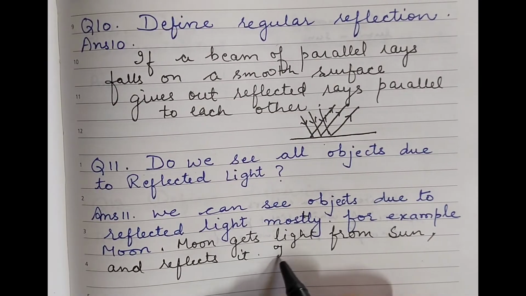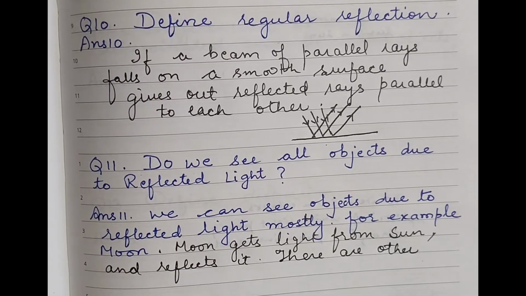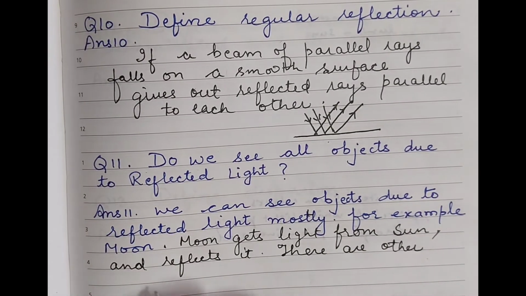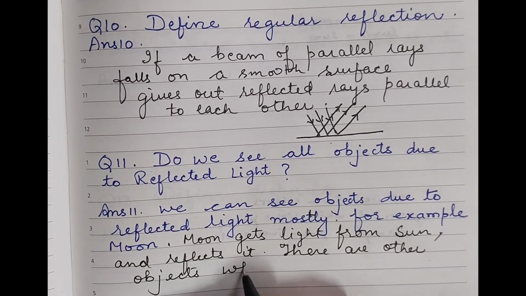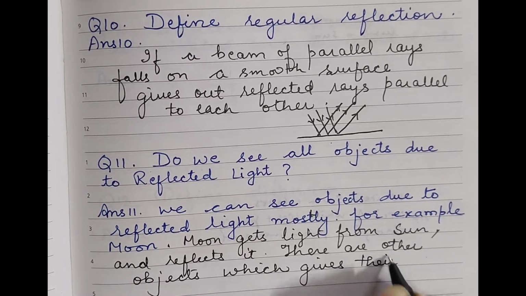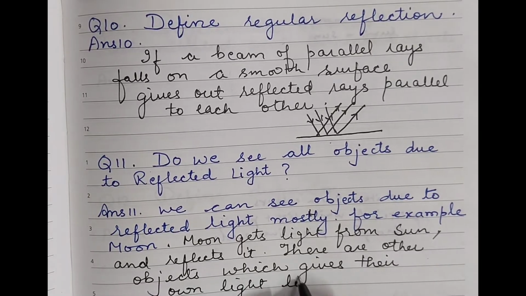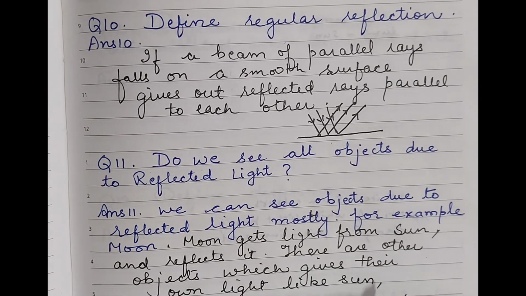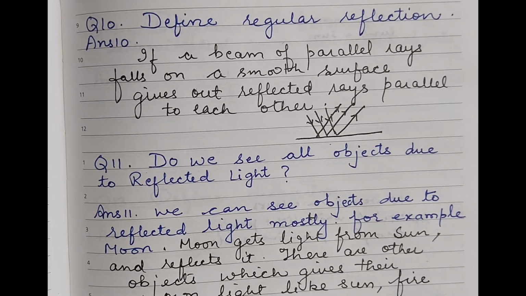There are other objects which give their own light, like the sun, like fire. So their light falls on our eyes and we see them.